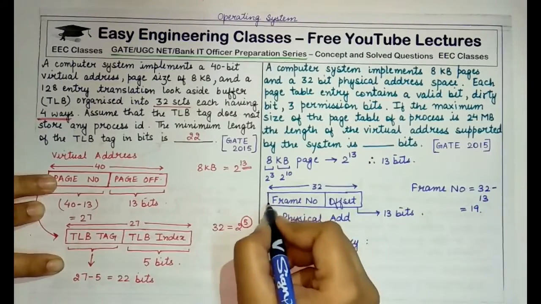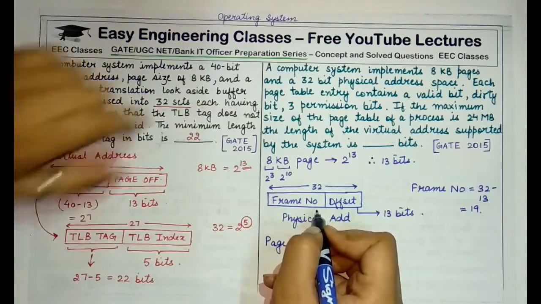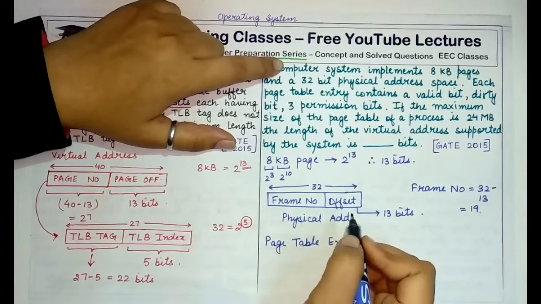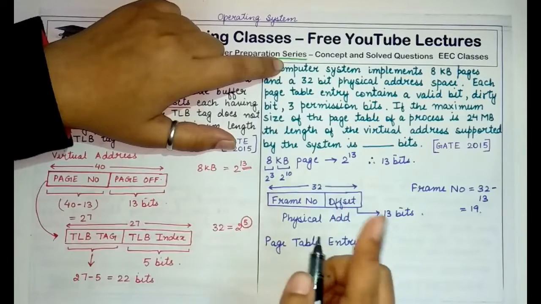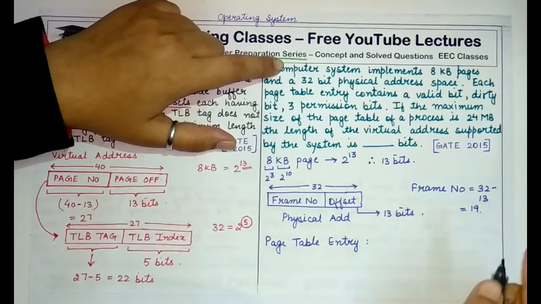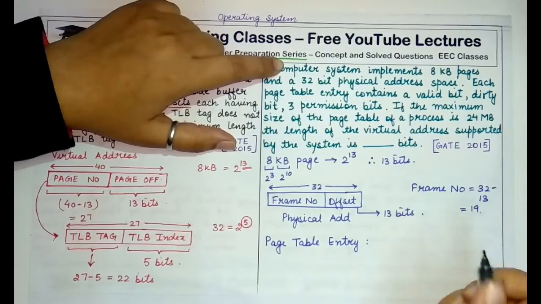That means the total possible frame numbers required to represent such a system would be 2 raised to power 19, because 19 bits can represent a total of 2 raised to power 19 frames. And that means we can map to each frame one page. That means 2 raised to power 19 pages.